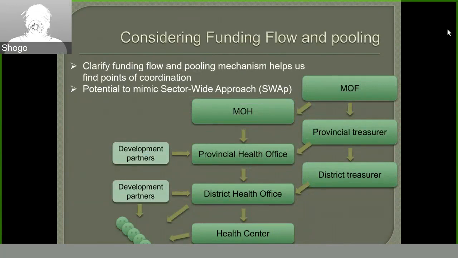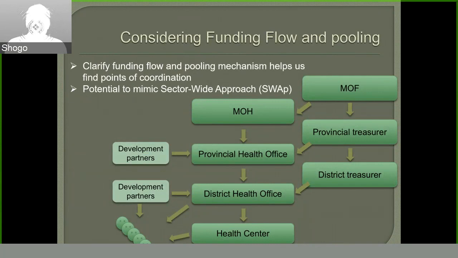Another thing that we have to consider, which was a bit more challenging, was the funding flow and pooling. Even though in the framework we said these services need to be provided together, if the funding comes at a different timing or from a different place or goes to different people, then this integrated service provision becomes very challenging.